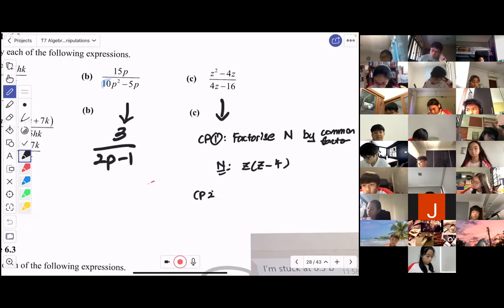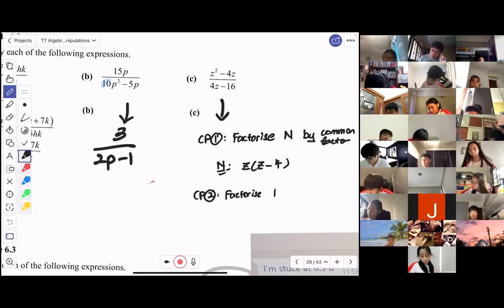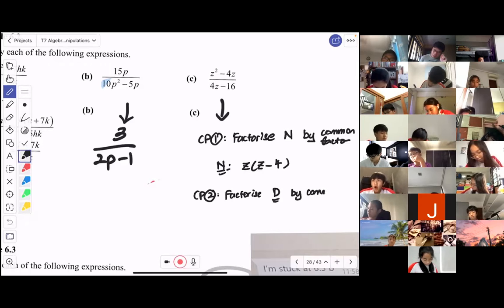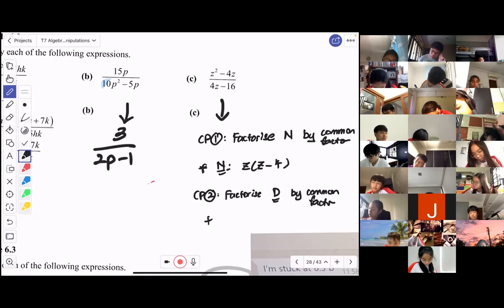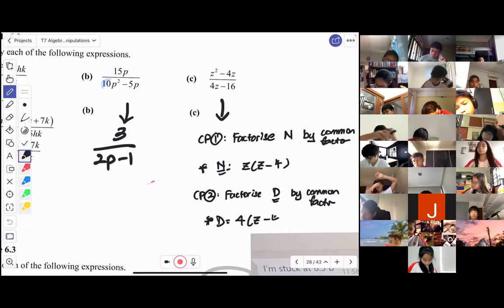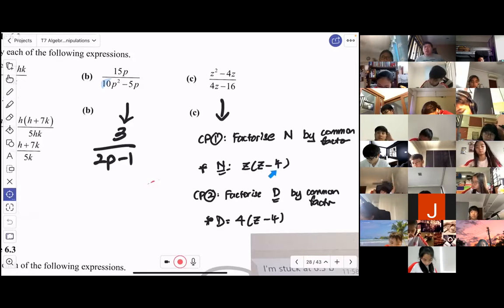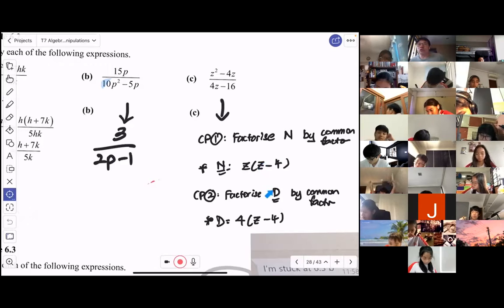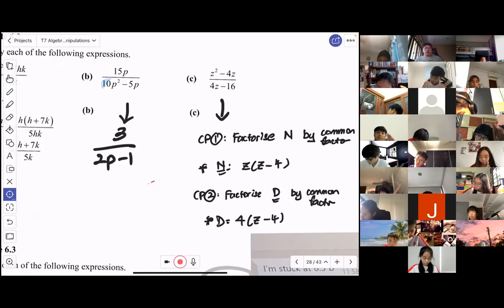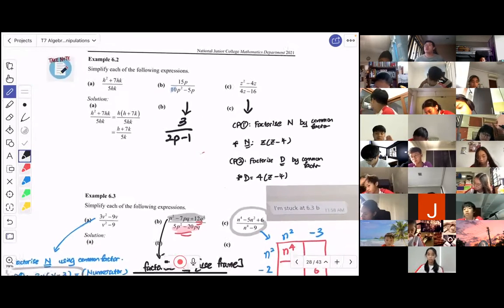Checkpoint 2, you try to factorize your denominator also, by common factor. Try to show that your denominator is 4 bracket z minus 4. Once you can show that, you can see that your numerator and denominator have things to cancel. Okay? Thank you for nodding your head. Easy form to check your response as well.